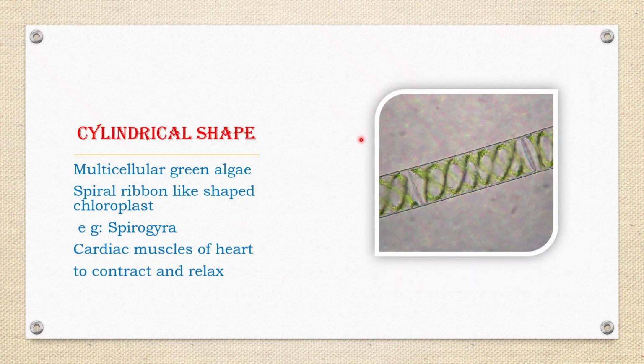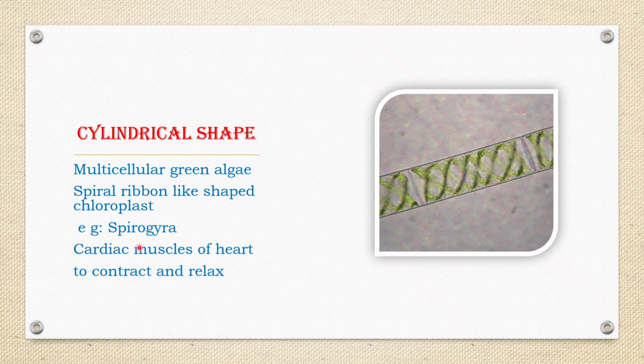Let us see what a cylindrical shape is and how it may work. Cylindrical shape, look here. It is just like a tube-like structure, a pipe-like structure. Some cells in plants and animals help to transport or connect things from one place to another. Examples are in a plant cell and in an animal cell.